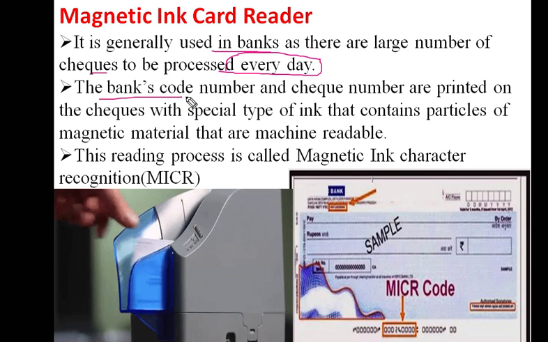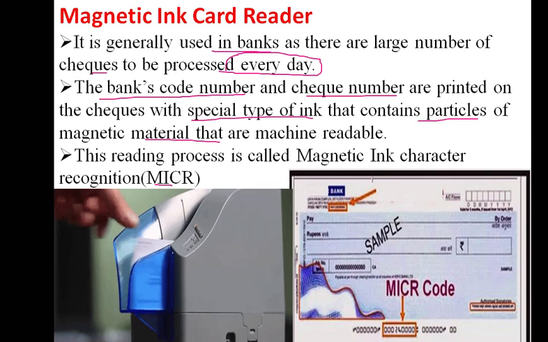The bank's code number and check number are printed on the checks with a special type of ink that contains particles of a magnetic material that are machine readable. This reading process is called magnetic ink character recognition, MICR.